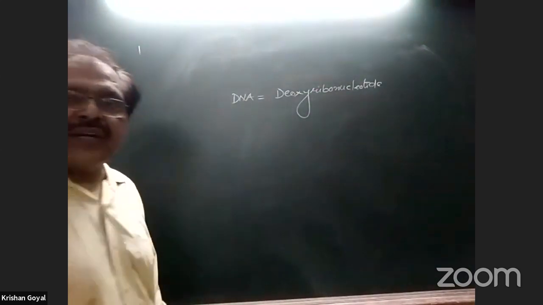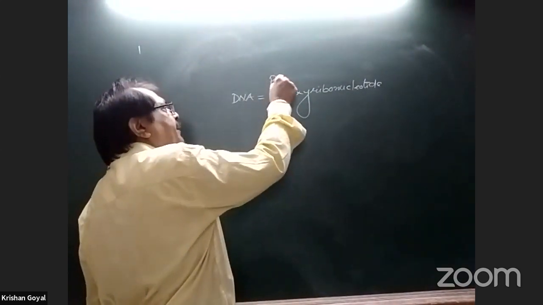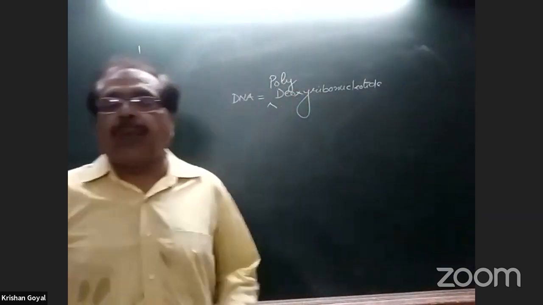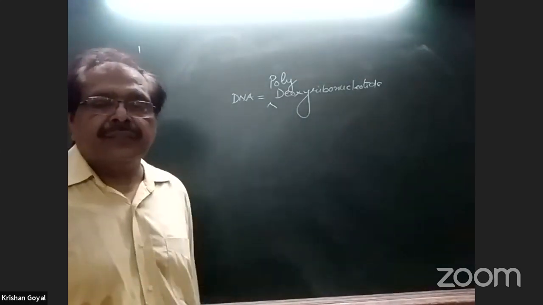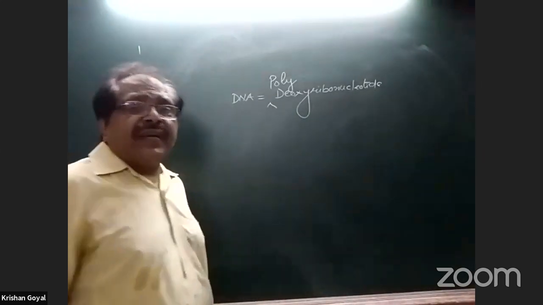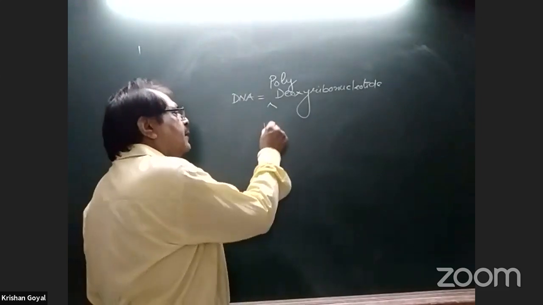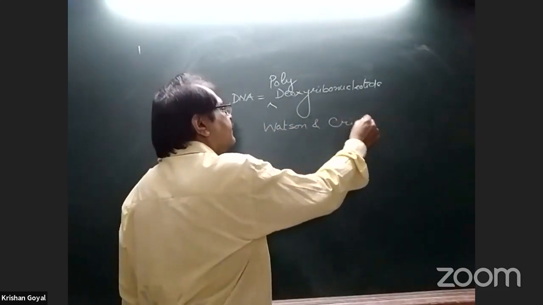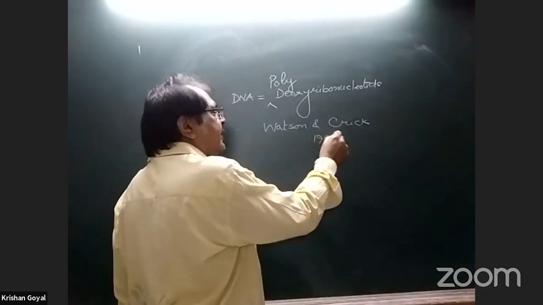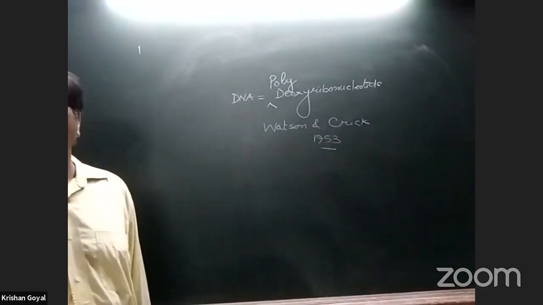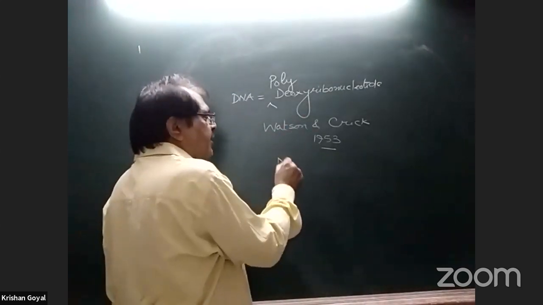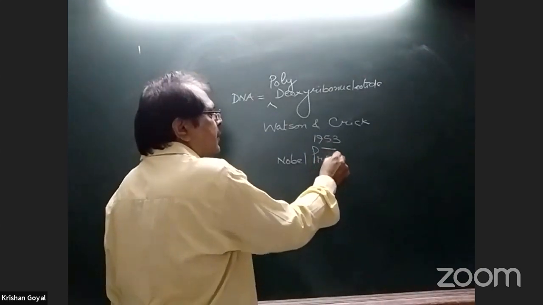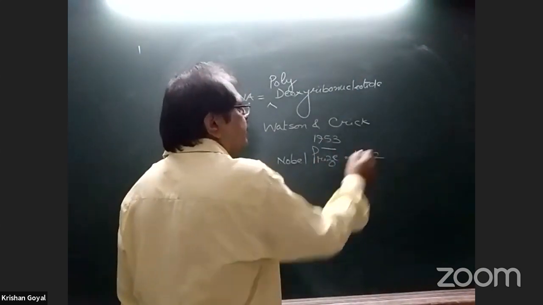In other words, DNA is a poly-deoxyribonucleotide. Poly, many units joined together. The structure of the DNA was given by Watson and Crick in 1953. And both of them got the Nobel Prize in 1962.